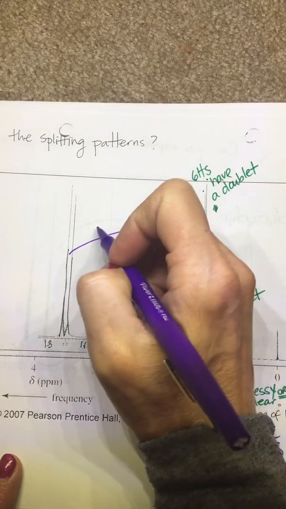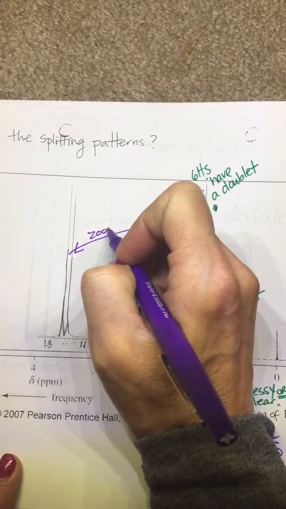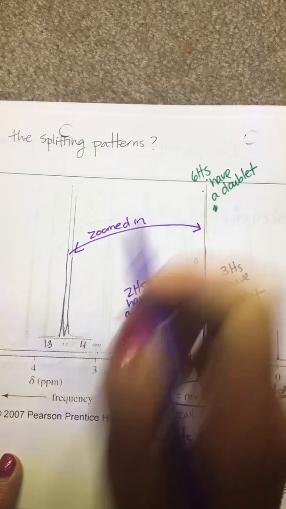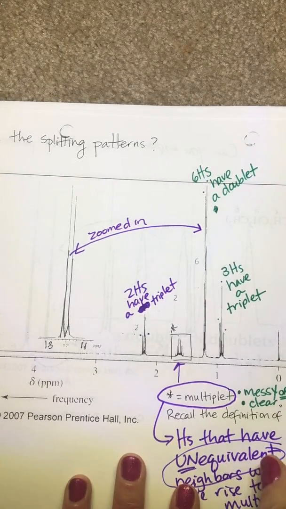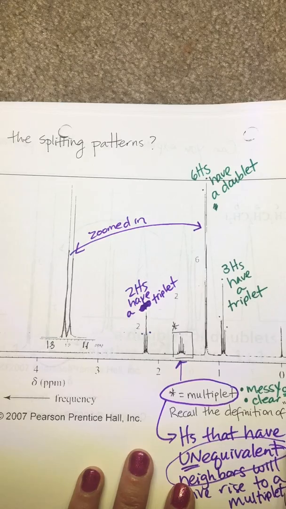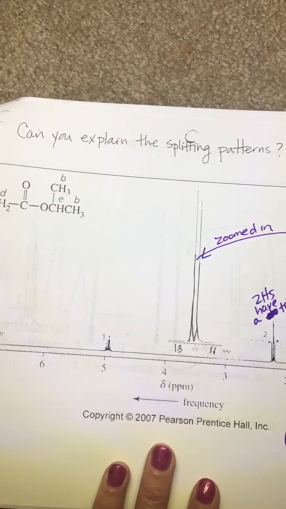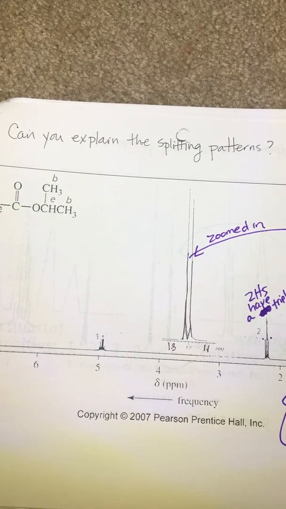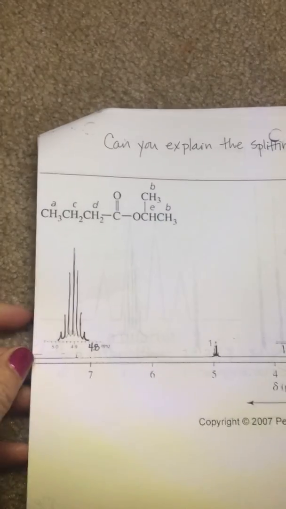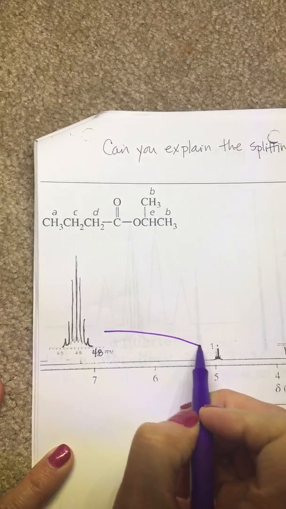So this is the zoomed in version. You just need to read your chemical shifts there. And then we've got sort of a messy signal down there. Really hard to see that one, but that's okay because it's zoomed in right over here.